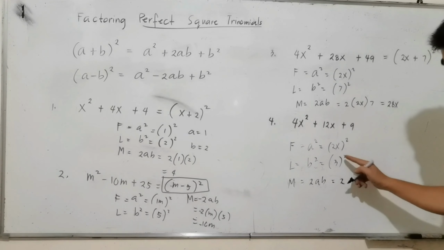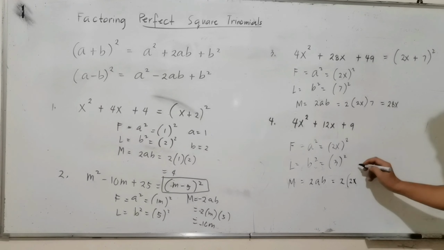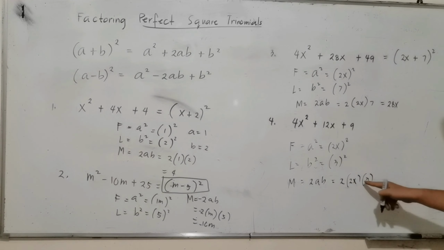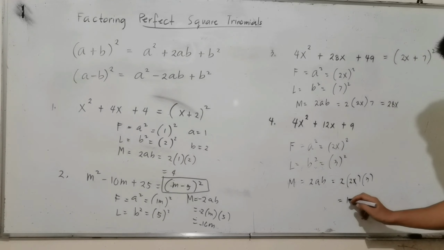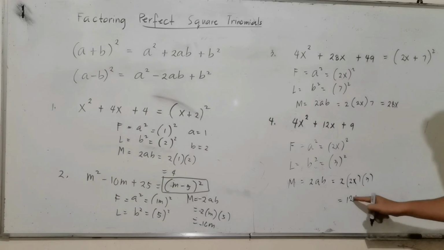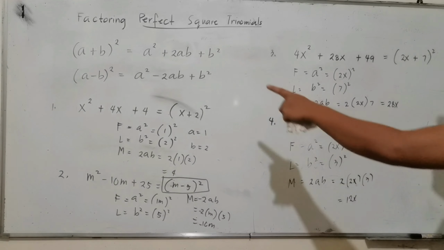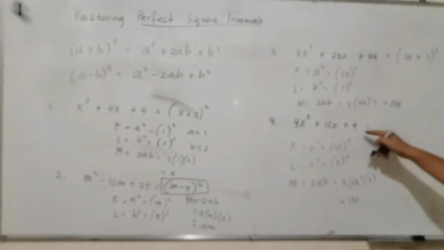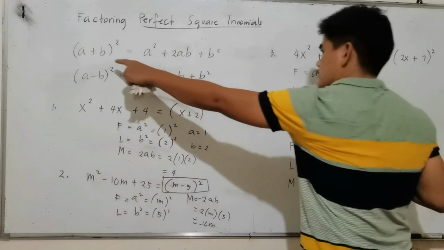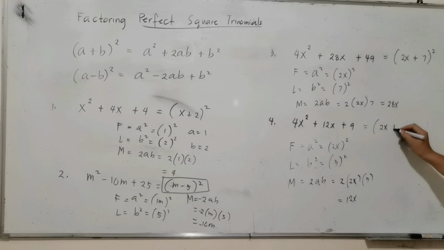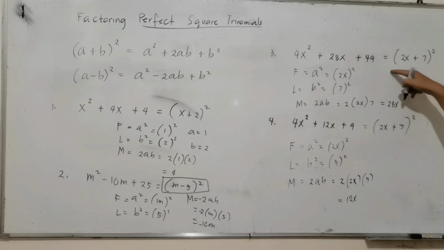So that will be 2 times a, which is 2x, times b, which is 3. 2 times 2 is 4, times 3 is 12, so we have 12x. Since it satisfies the middle term, we can say that this trinomial is a perfect square trinomial. So we have (a, 2x, plus b, 3) squared. This is now the factor of 4x squared plus 12x plus 9.